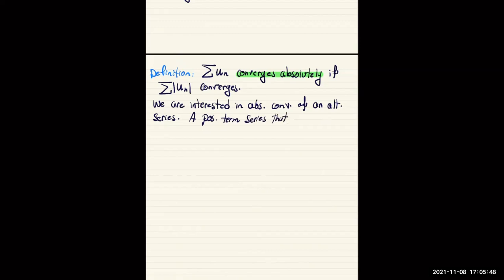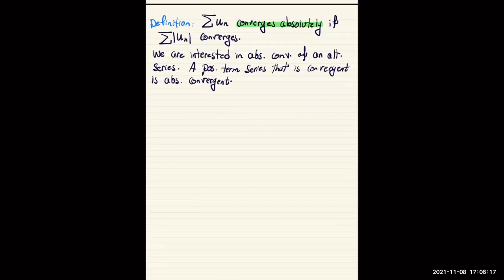If you have a regular positive term series that converges, then we know it's absolutely convergent because all terms are already positive.